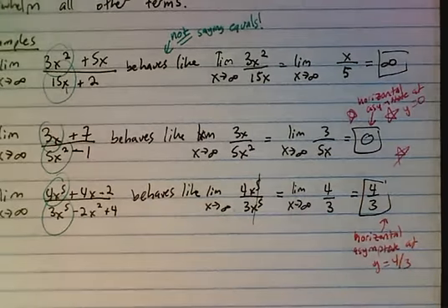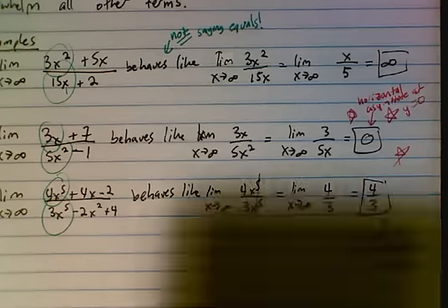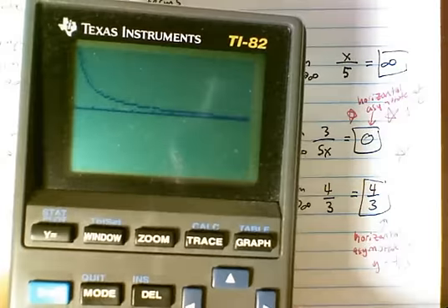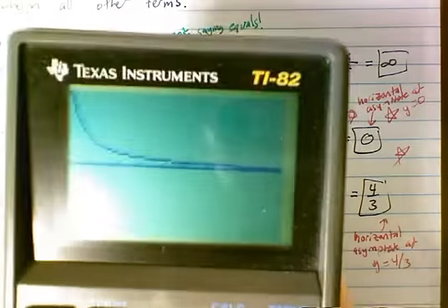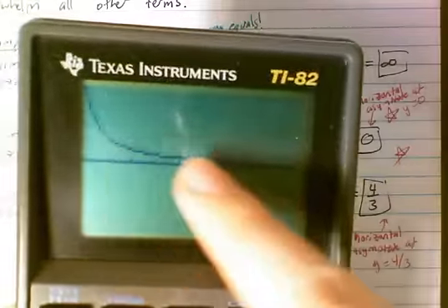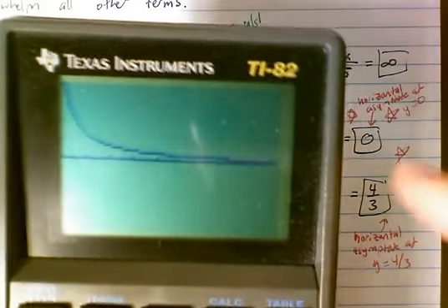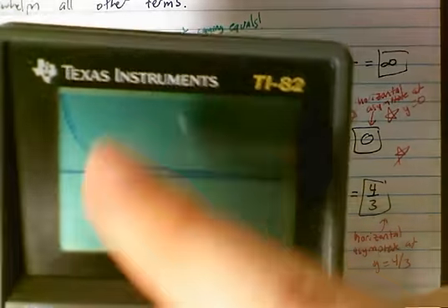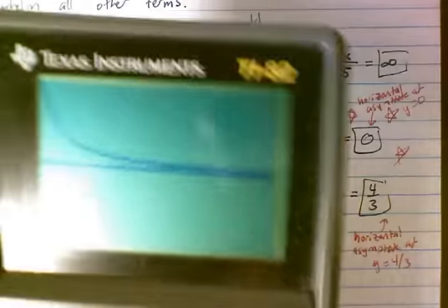All that's saying is that as we draw our graph, there we go, that's the second one right here. As x gets bigger and bigger and bigger, y is getting closer and closer and closer to 0. It's just leveling out at that horizontal asymptote.